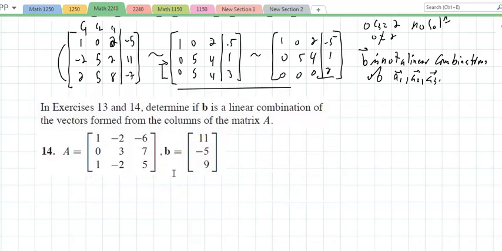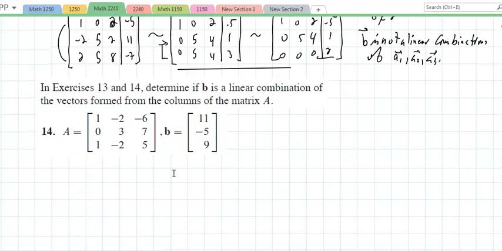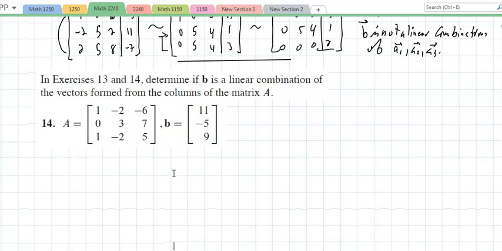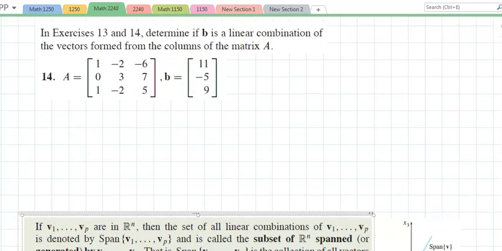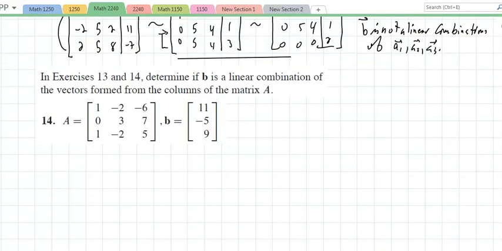And now I'd like to look at this problem as well, number 14, and let's make sure we understand what it's asking. It says, determine if B is a linear combination of the vectors formed from the columns of matrix A. Well, think about it.